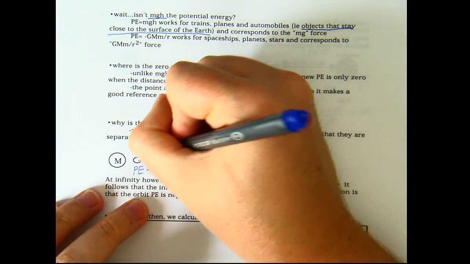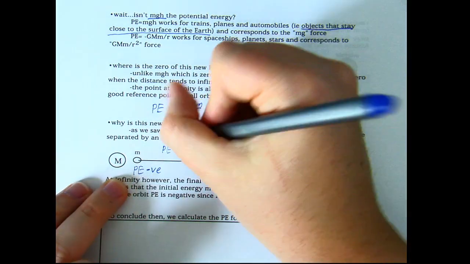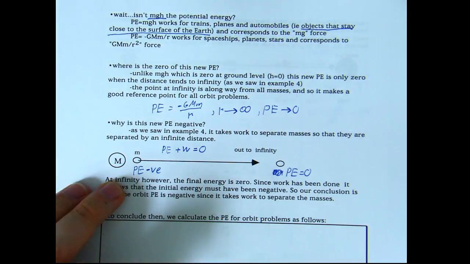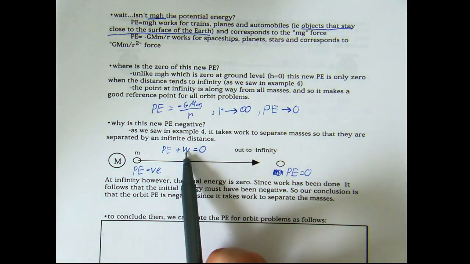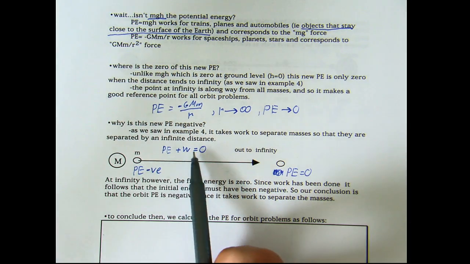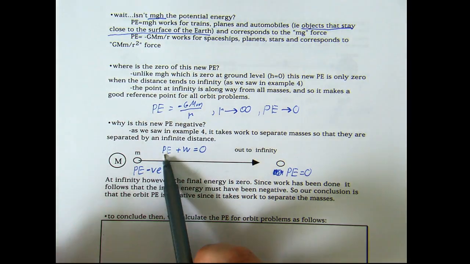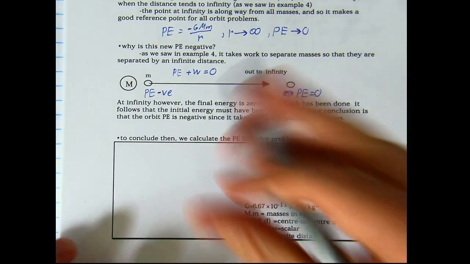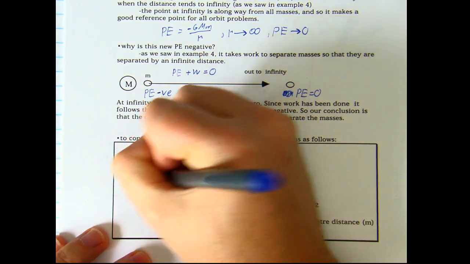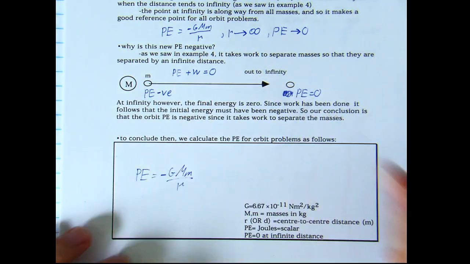So we've got potential energy plus work, and in this particular case that is going to equal 0. If we're adding work, putting work into the system, work here is positive. For the work to be positive and add to 0, this thing has to start negative.